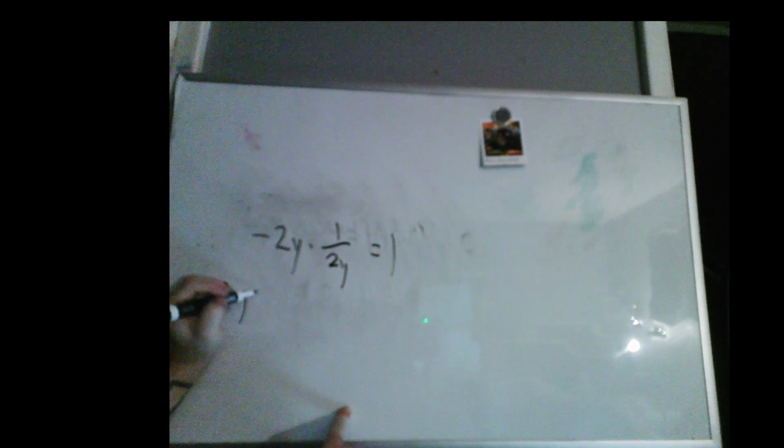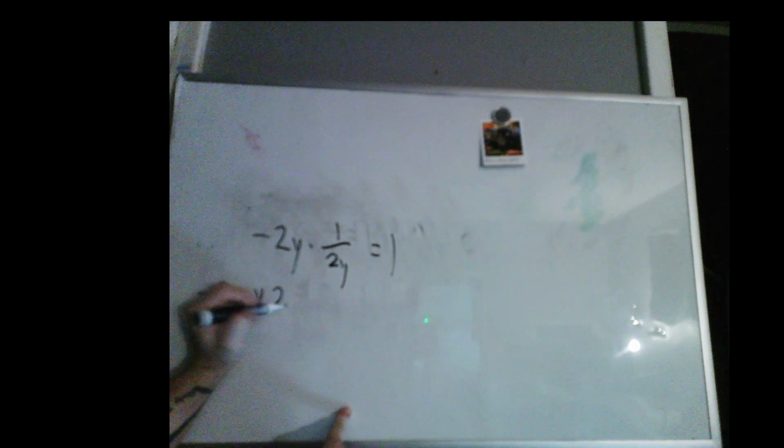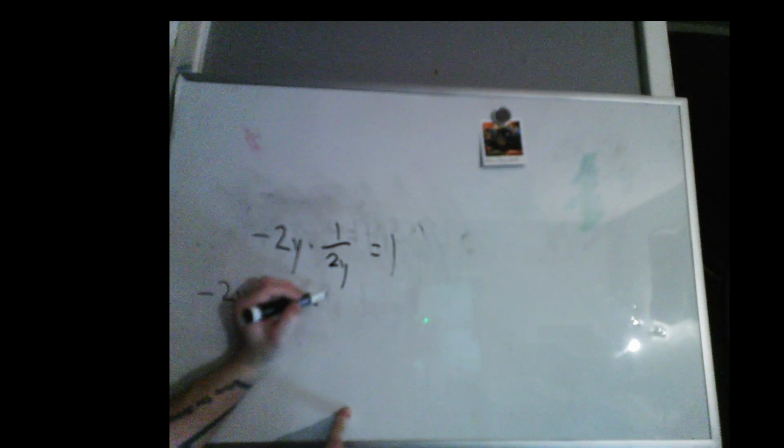We have negative 2y times 1 over 2y equals 1. So what we want to do here is multiply negative 2y times 1 over 2y, which equals 1.